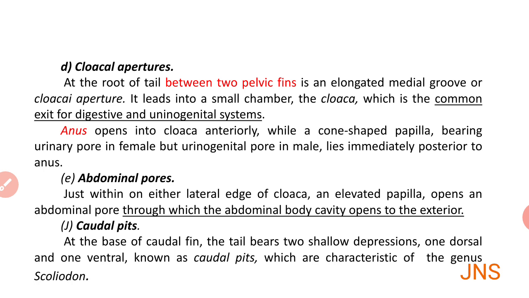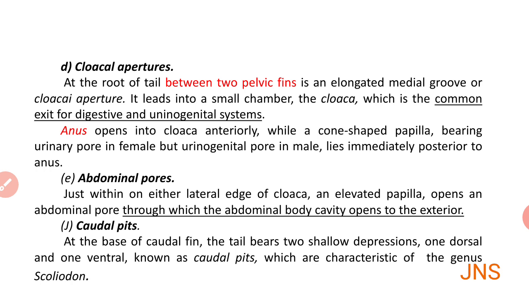It leads into a small chamber called the cloaca, which is a common exit for the digestive and urinogenital systems. The anus, the exit of the digestive system, opens into the cloaca anteriorly, while a cone-shaped papilla bearing a urinary pore in the female, but a urinogenital pore in the male, lies immediately posterior to the anus.